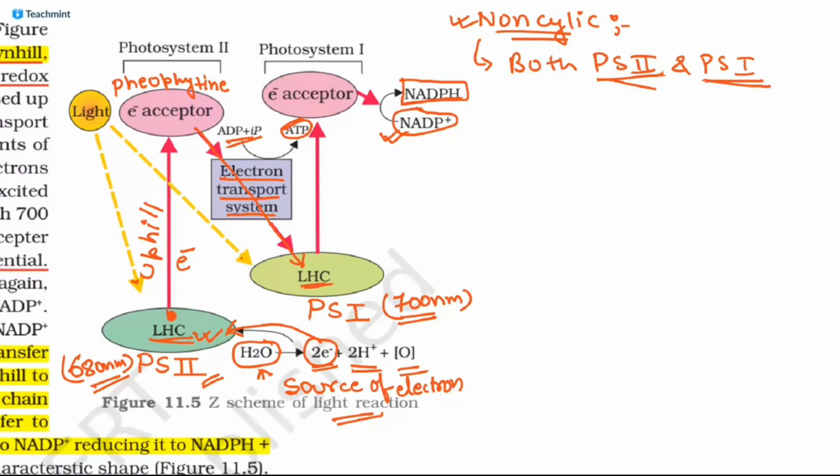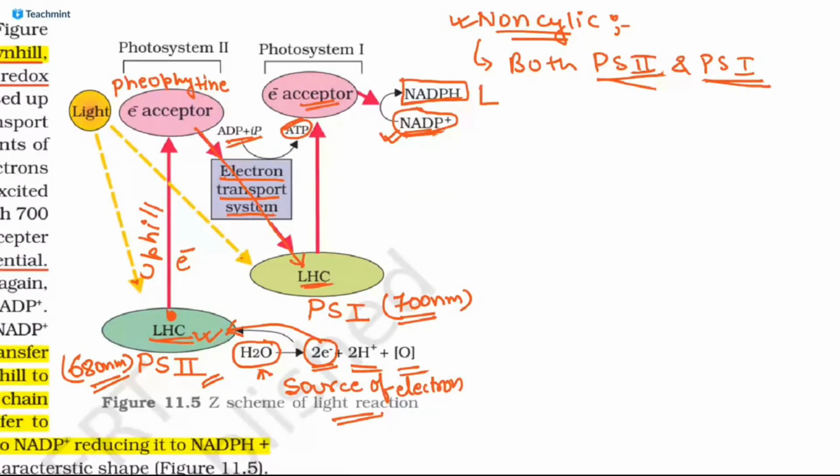Then the final electron acceptor is not photosystem 1. The final electron acceptor is NADP plus, and it becomes NADPH.